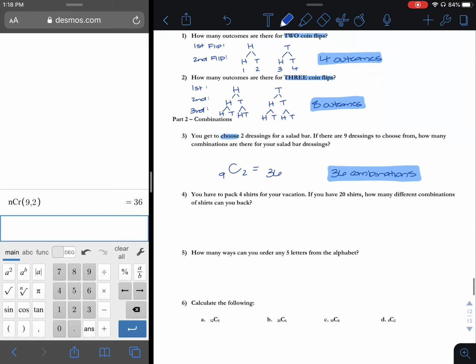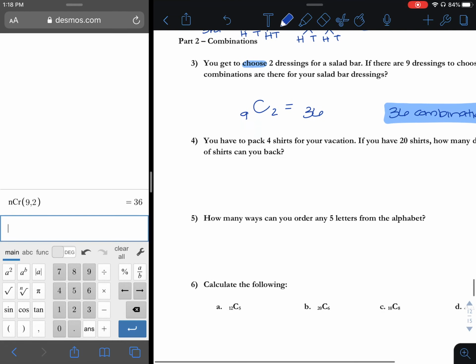Okay, let's talk about number 4. You have to pick 4 shirts for your vacation. If you have 20 shirts, how many combinations, there's my keyword, how many combinations of shirts could you pick? Okay, so I have my C, my bigger number, so I'm choosing 4 out of 20.